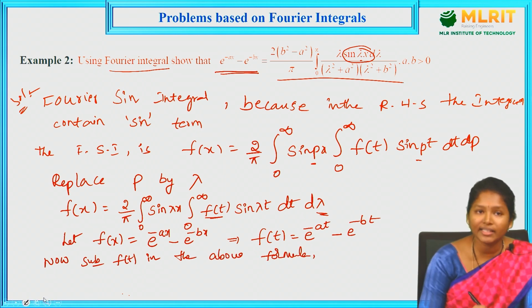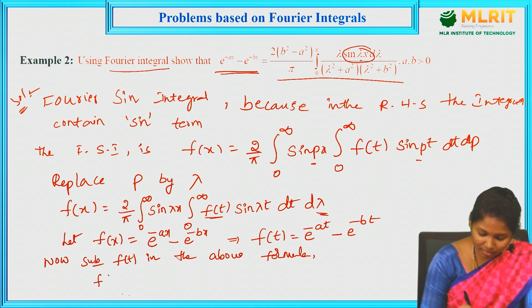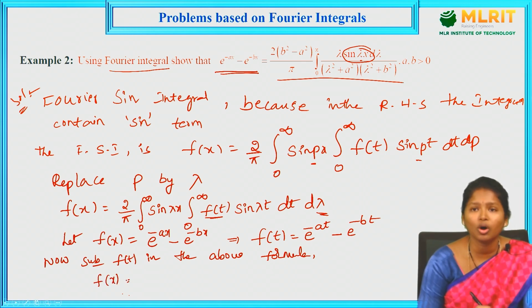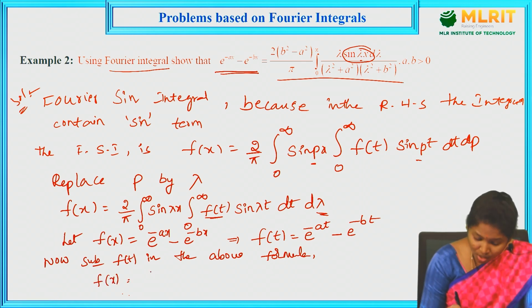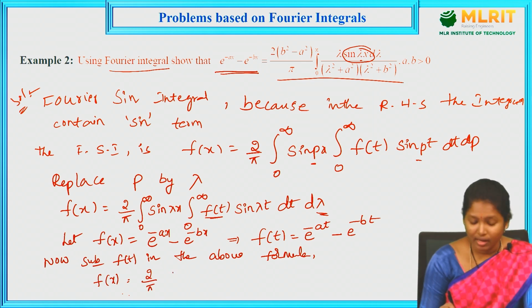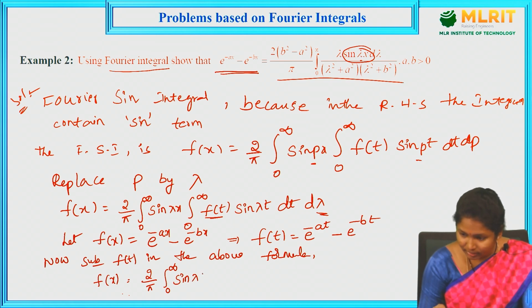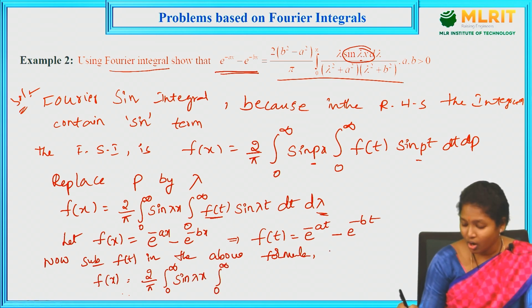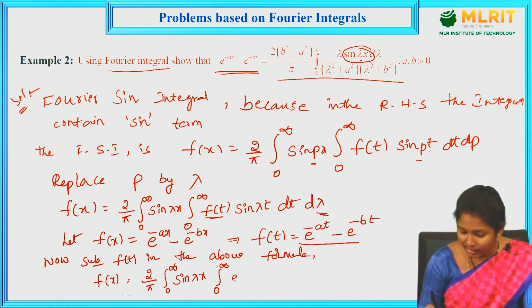So I will get f of x equal to 2 by pi integral 0 to infinity sine lambda x integral 0 to infinity, what is f of t? e power minus at minus e power minus bt, right?